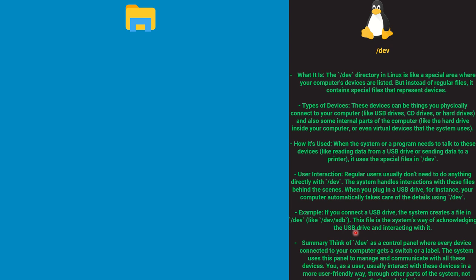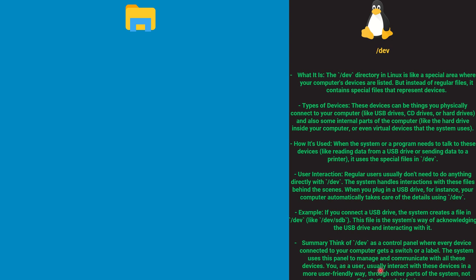Then you will access the data from that USB drive by going to the /media directory, which we will discuss on the next few slides. So think of /dev as a control panel where every device that is connected to your computer gets a switch or a label. The system uses this panel to manage and communicate with all these devices.